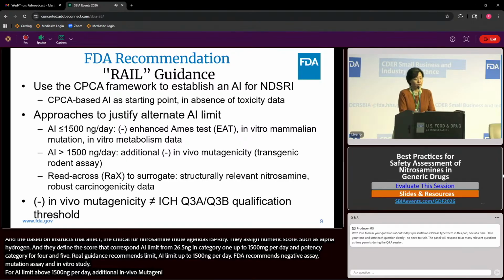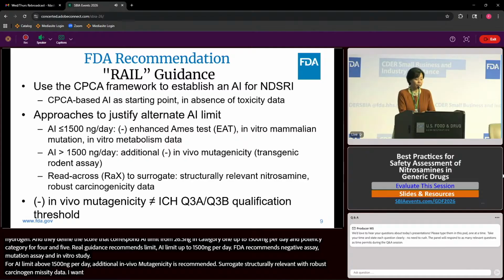Another approach is to use read-across to a structurally relevant surrogate with robust carcinogenicity data. Here, I want to point out that for nitrosamines, testing negative in vivo mutagenicity is not sufficient on its own. Currently, FDA does not automatically accept a control limit at a level equal to the ICH Q3A or Q3B qualification threshold.